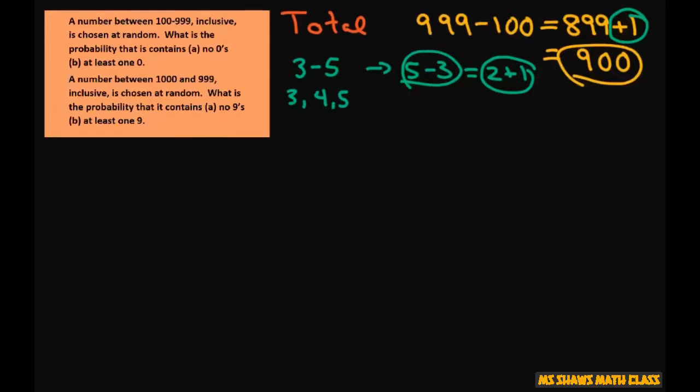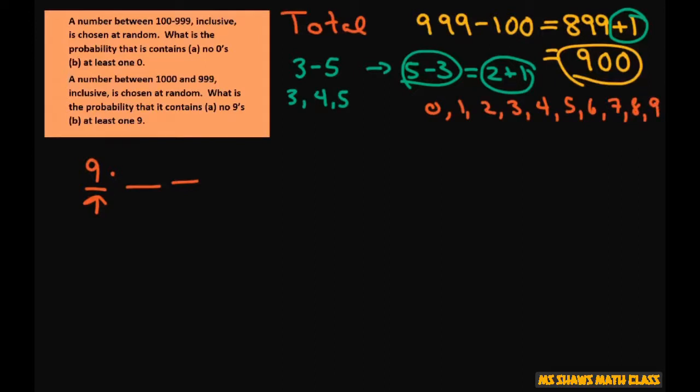Now, when you're talking about 3 digits, so we're doing 1, 2, 3 digits. So there's only 9 ways to choose the first one. Because remember, your digits go 1, 2, 3, 4, 5, 6, 7, 8, and 9.